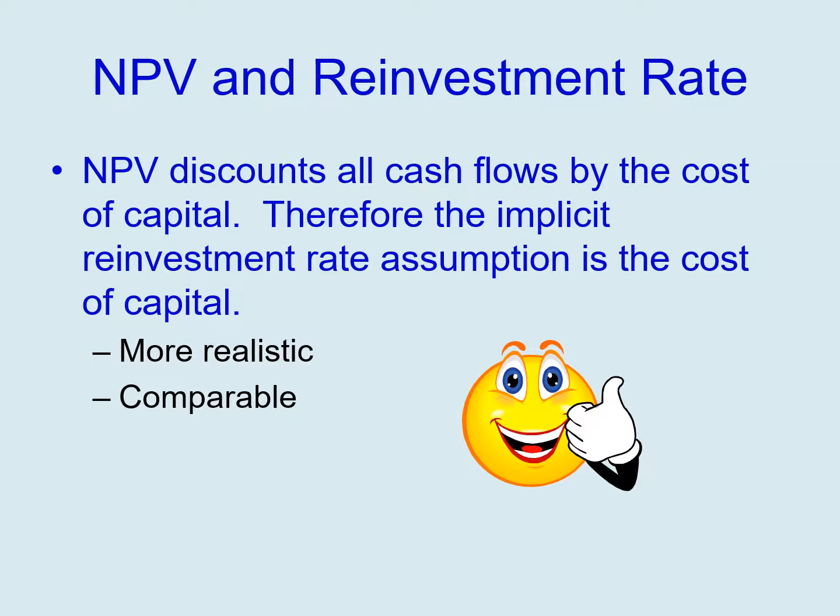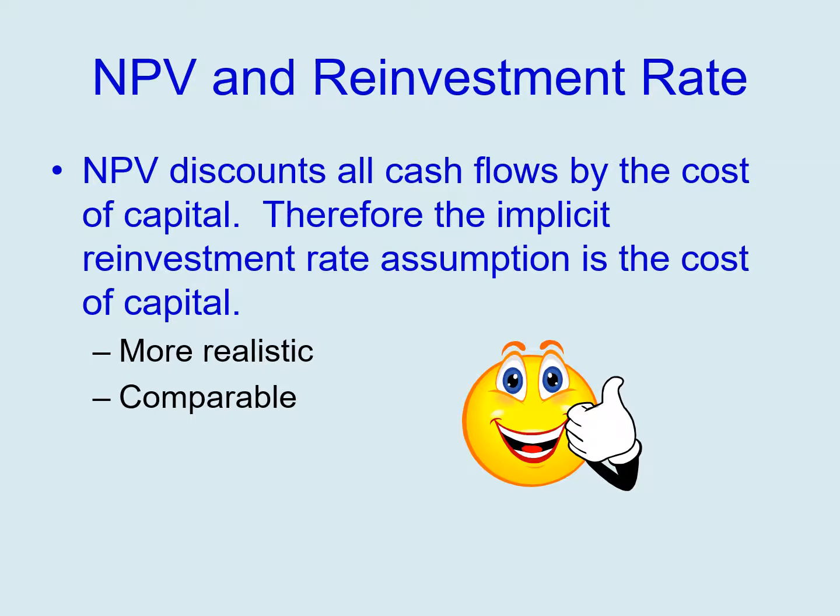The reason academe prefers net present value, and it has caught on in businesses now, and businesses are using it more than ever, is because all cash flows are discounted by the cost of capital. Again, if you go back and look at your formula, you'll see that the discount rate that's always used to calculate the NPV is the cost of capital.